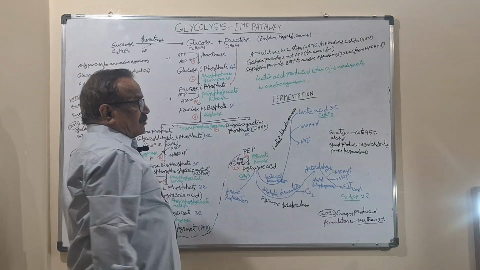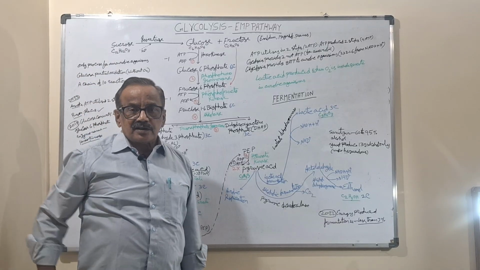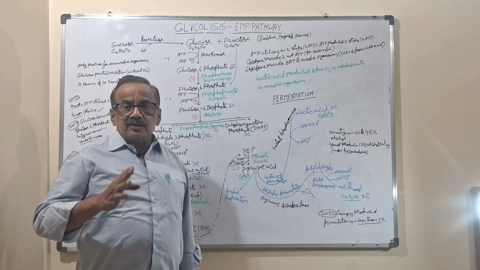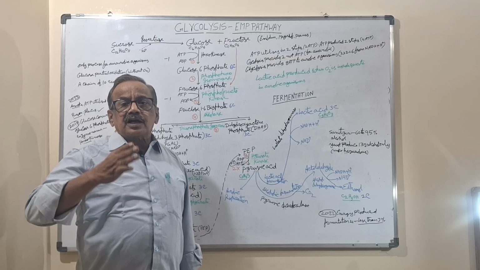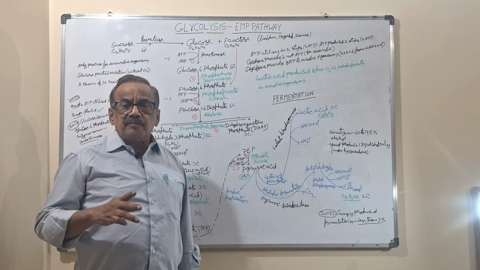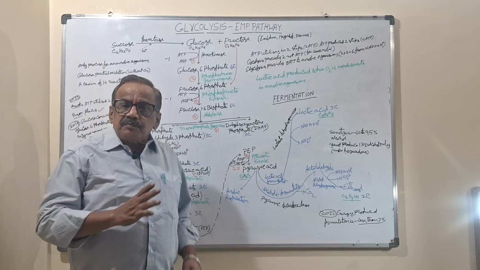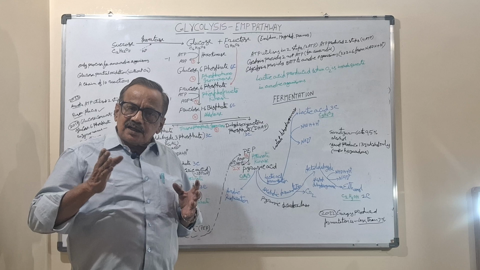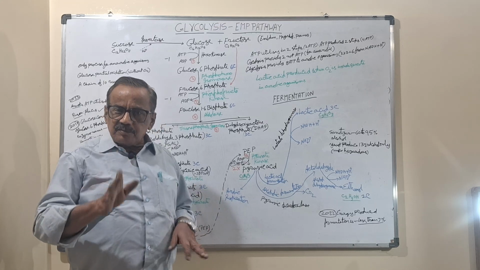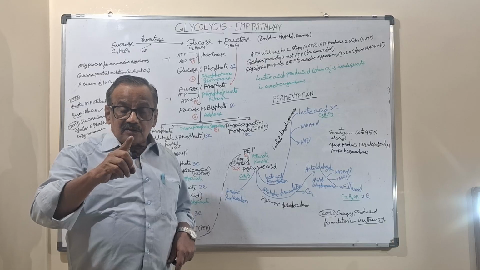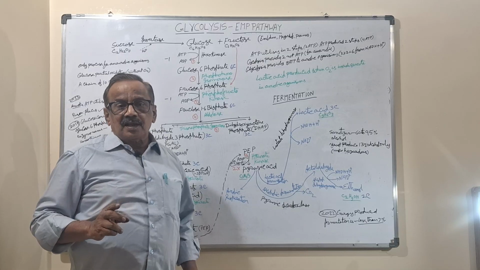Now, whenever we are seeing glycolysis, glucose will be split into three carbon compounds in this way by partial oxidation. Partial oxidation means not completely oxidized, and energy is also released partially, meaning only a little bit of energy will be released. You have to remember one thing: without oxygen.